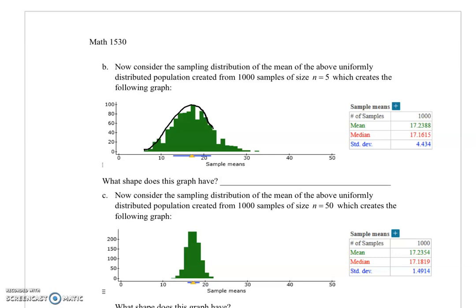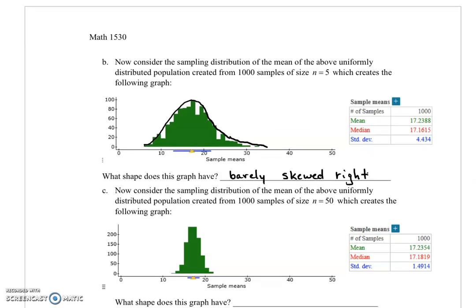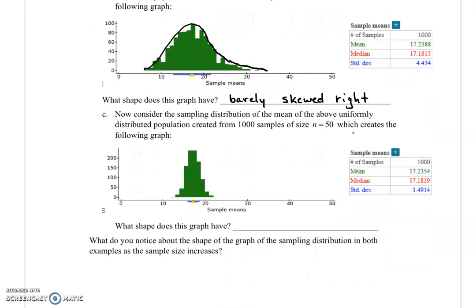Well, I think we're still skewed right just a little. And when we increase it to sample sizes of 50 and we take 1,000 samples, we're finally normally distributed, or at least approximately normally distributed.